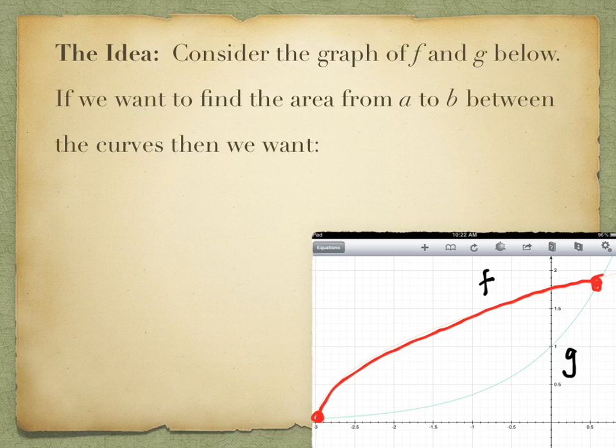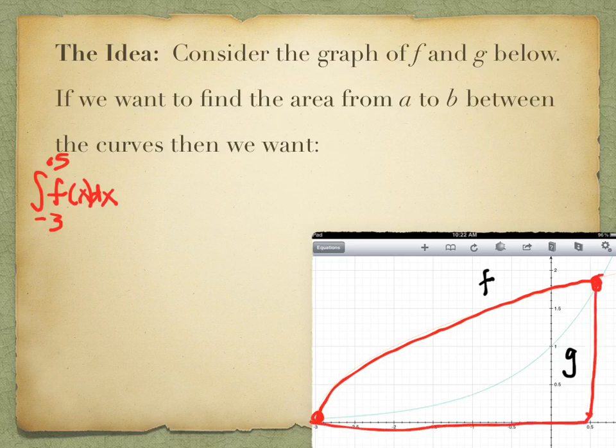We would integrate from this intersection point, which happens to look like x equals -3, over to x equals 0.5. So from one place to the other, the integral of f of x dx. And we would find this area that's now in red.